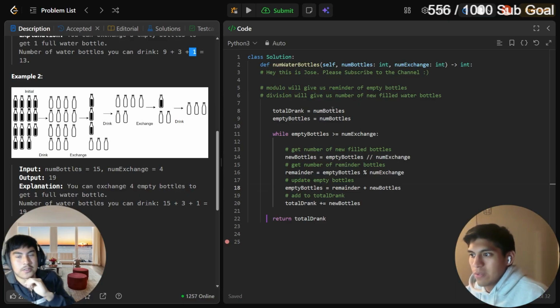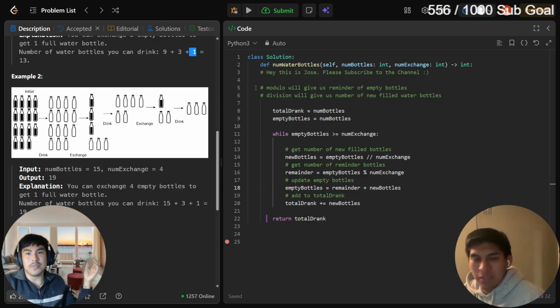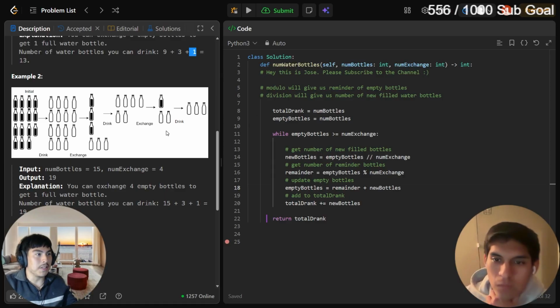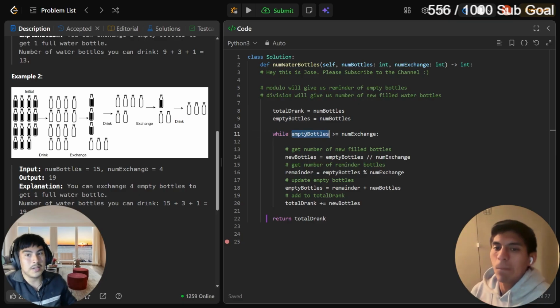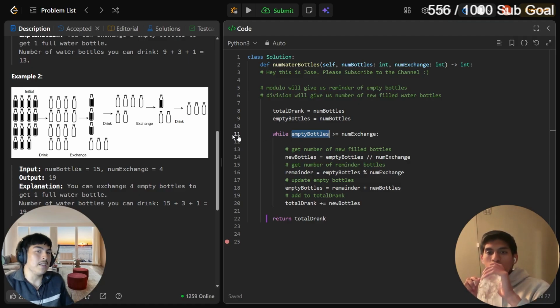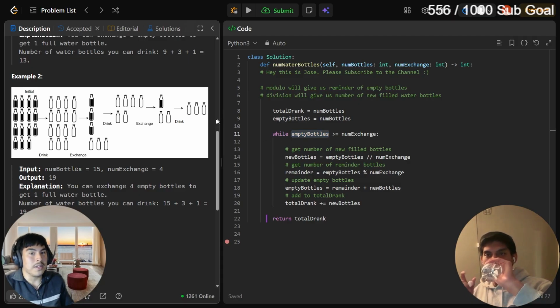So the actual approach we then took was to utilize that loop, like Jose was saying. We wanted a while loop, and that perfectly gives us the opportunity to keep going until those empty bottle conditions are met. Like if there are 3 empty bottles, obviously you can't exchange anything anymore because the exchange rate is 4.